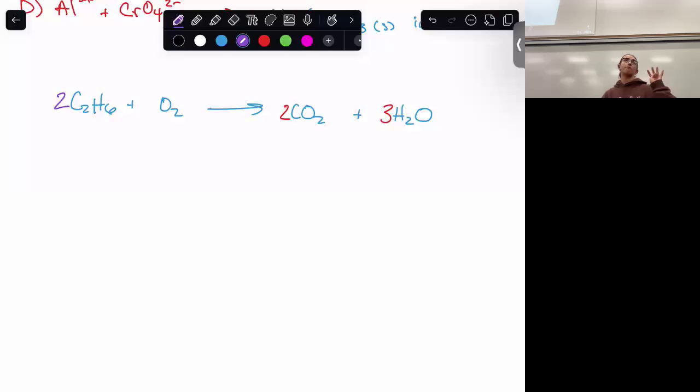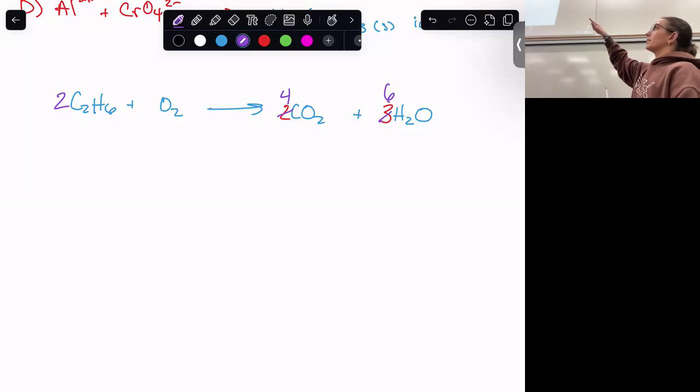That now means I have 4 carbons, so instead of a 2, I'm going to put a 4. And instead of 6 hydrogens, I now have 12 hydrogens, so instead of a 3, I'm going to put a 6. That now gives me an even number of oxygens from my carbon dioxide and an even number from my water. So then I can combine those.